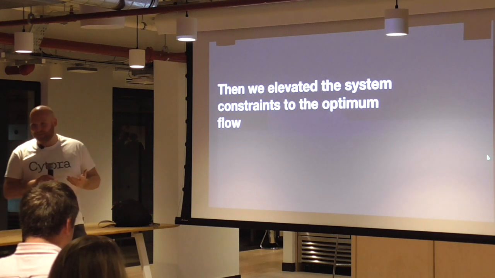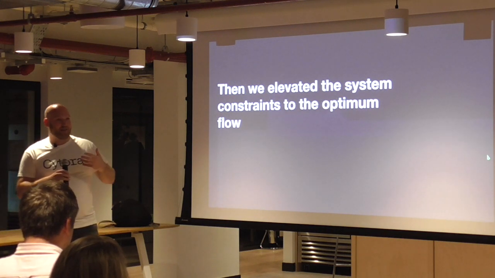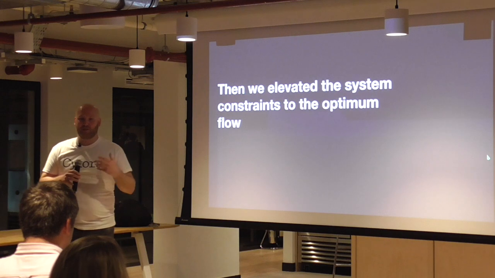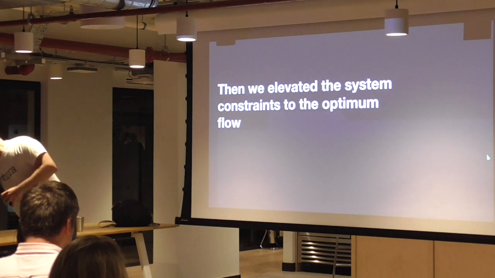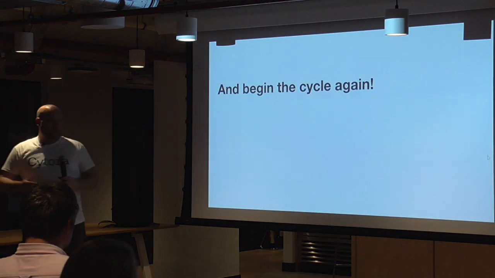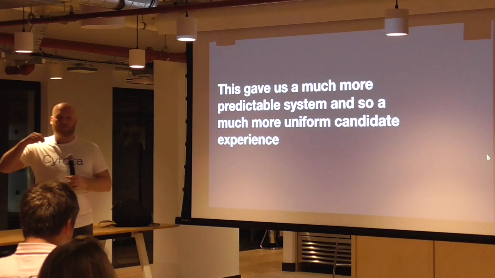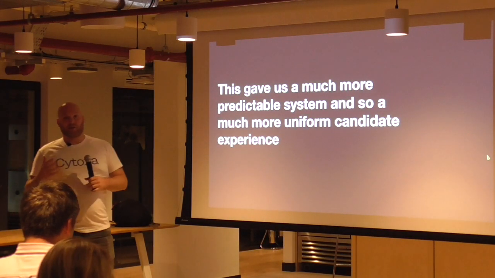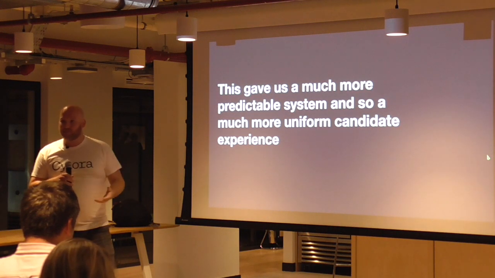Now, sometimes that's unavoidable, but the more that you can understand this optimum flow, the faster things do move through the system. And then begin the cycle again. And one of the things that we very much don't do is build up the number of candidates that we're going to view. So this has started to give us a much more predictable system, actually.